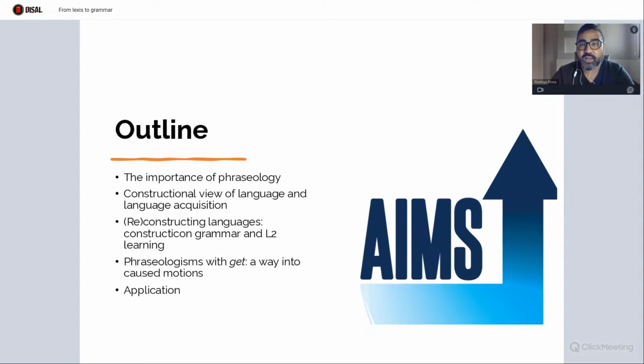That is the case of the predicate get, the verb get, and the phraseologisms, so the chunks of language that are created, let's say, with this predicate. So, a way into caused motions. And the last thing, I'm going to give you some examples of applications. Does that sound like a plan?